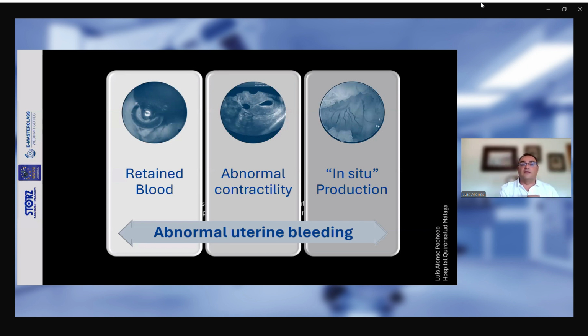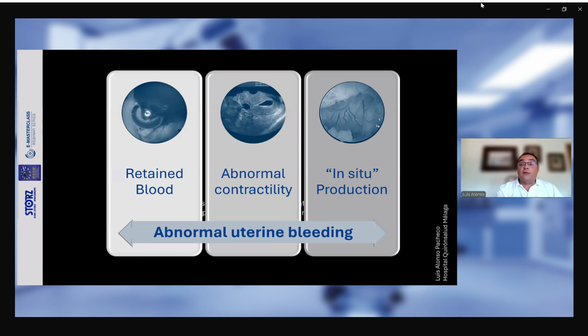You can see the picture in the middle with a severe defect. And the bleeding is related with a triple mechanism. There is some retained blood that stays in that niche, in that defect. There is an abnormal contractility of the myometrium around the cesarean scar defect, and there is some in situ production due to inflammation, and that can cause that blood to stay inside.